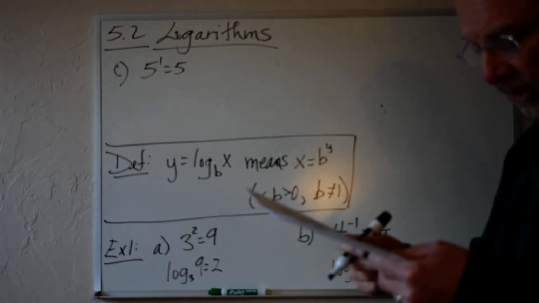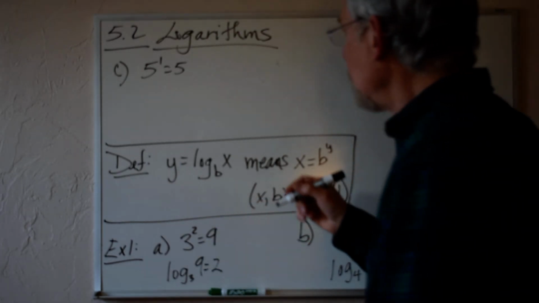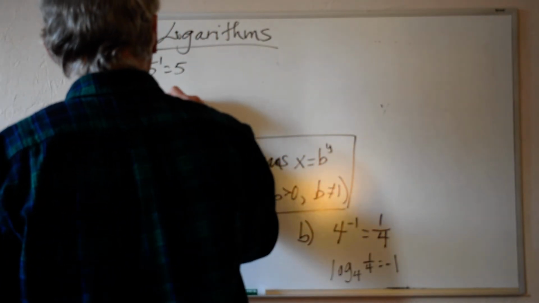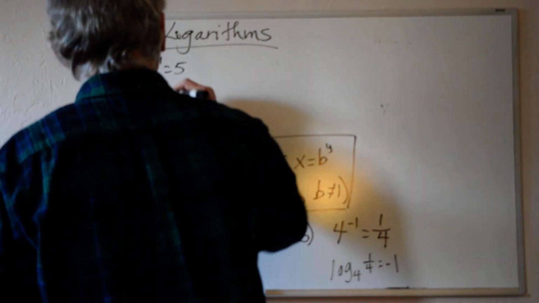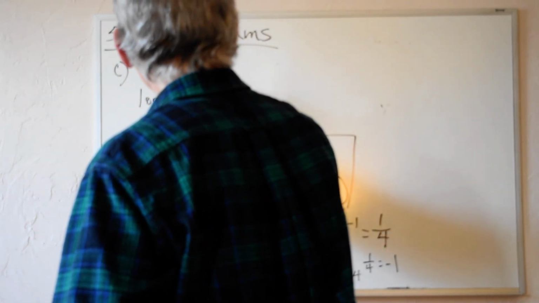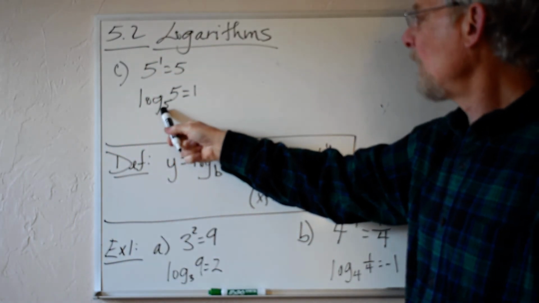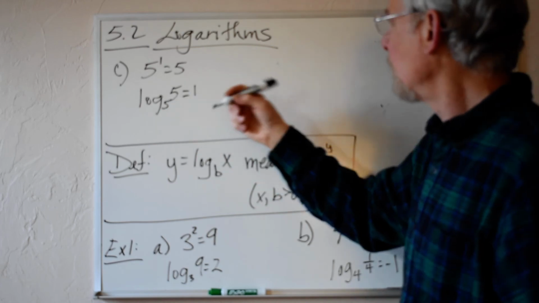How would you make that same statement in logs? You would say the log to the base 5 of the number 5 equals 1. This just says that 5 to the power 1 equals 5.